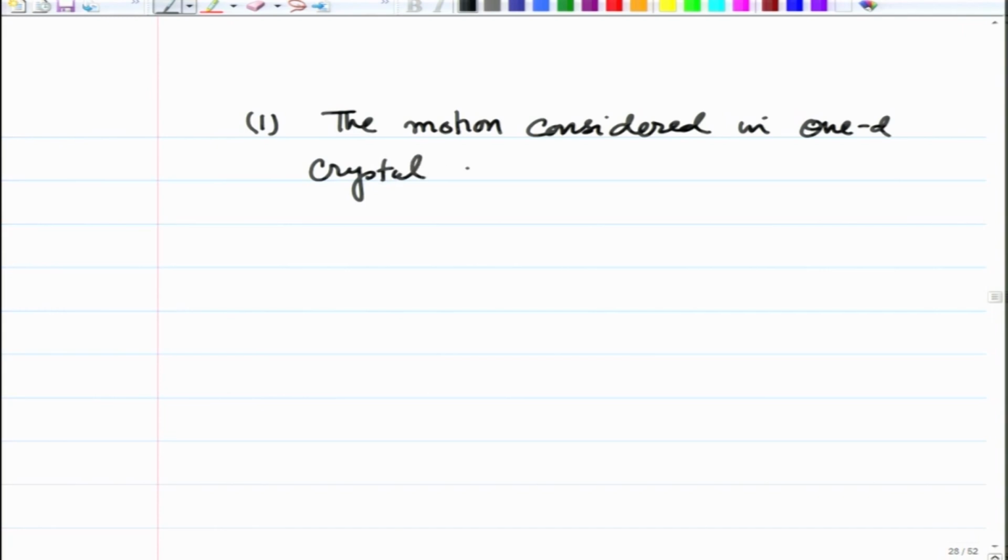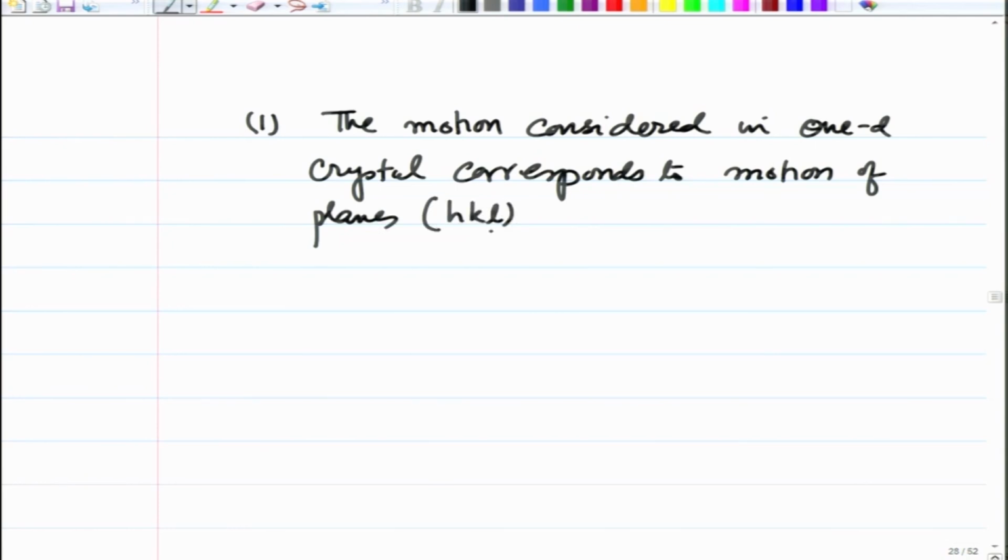So, 2 points I have made is, one, that the motion considered in 1D crystal corresponds to motion of planes, which are given by H, K, L. You have studied that in an actual crystal.